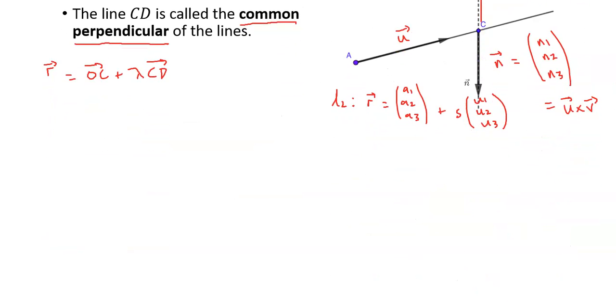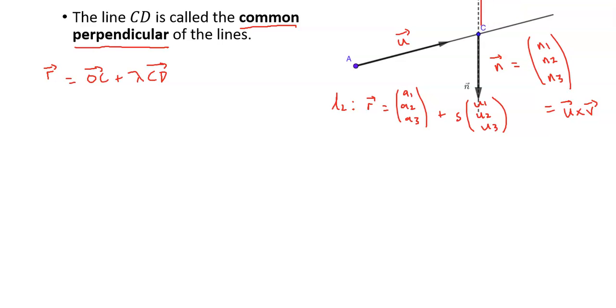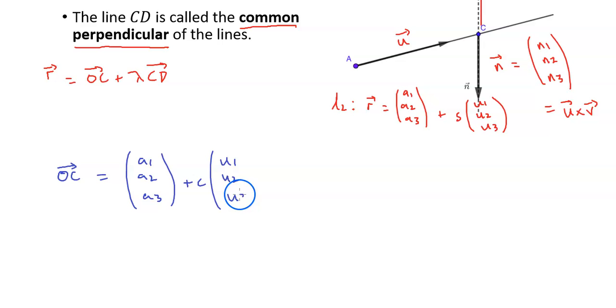Alright, so let's start out with the point C. Since the point C is on line L2, we know that the vector OC has coordinates (a1, a2, a3) plus c, where c is a scalar here, times (u1, u2, u3).